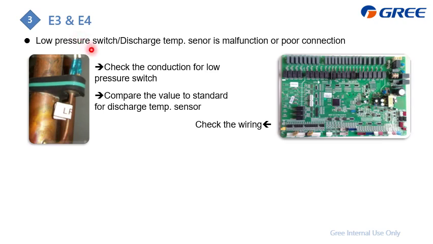So to analyze this, the checking item is to check whether the trigger is really so high or so low, which is to check the pressure switch, to check the conduction, and also for the sensor to check the resistance value, and also to check whether it has good contact with the PCB or not.